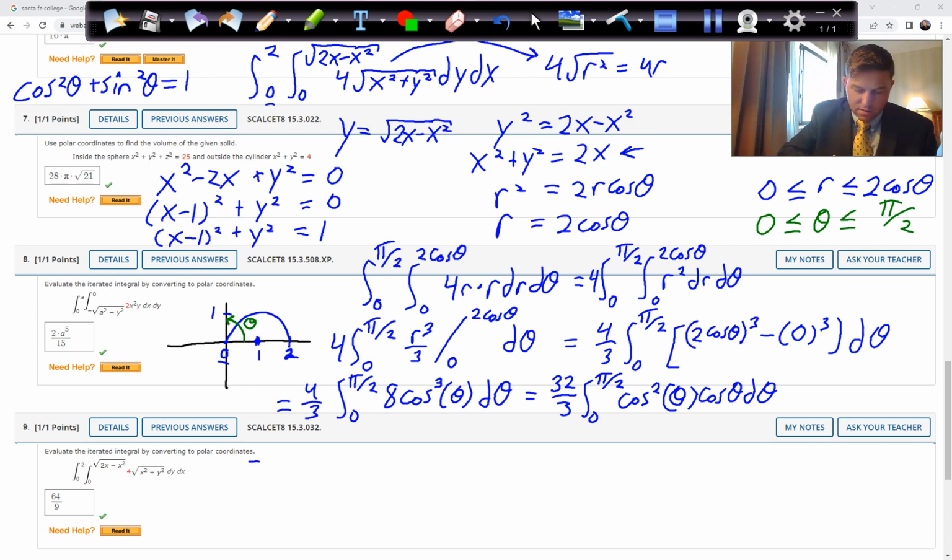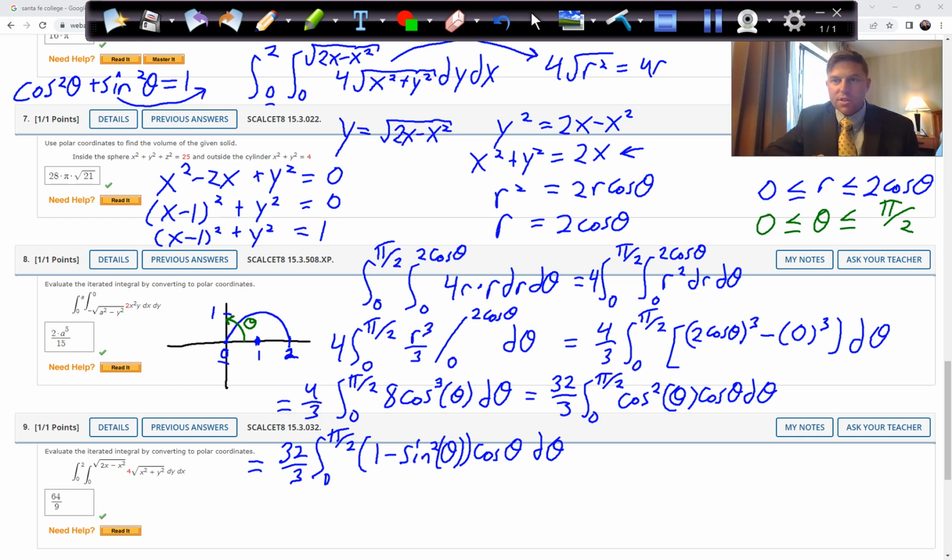So watch closely. We're going to write this as 1 minus sine squared theta times cosine theta d theta. So I just move this sine squared over here and solve for cosine squared from that old Pythagorean property of trig, and we're going to get this.